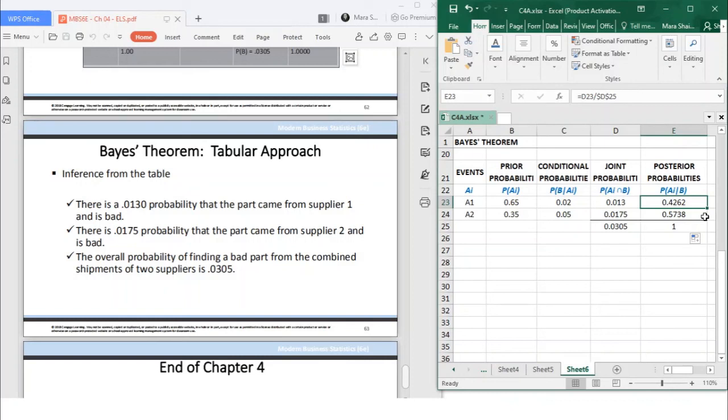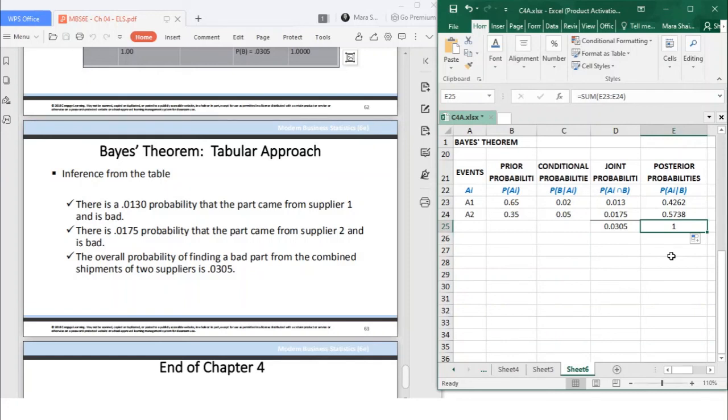Thus, Bayes theorem is always applicable for computing posterior probabilities of an event and its complement. So when you add them, your answer is always 1, because what you are looking at in Bayes theorem is the probability of the event and its complement.